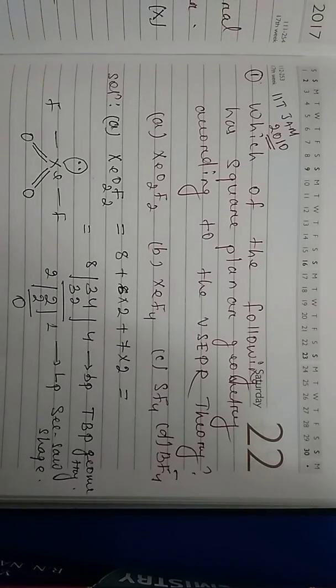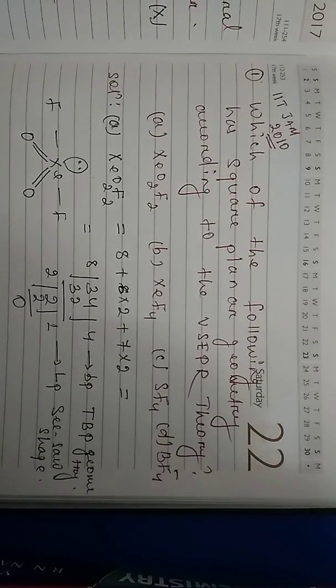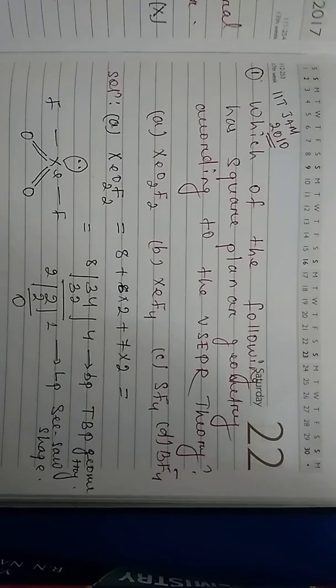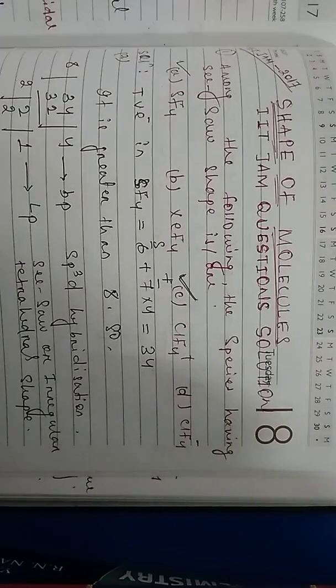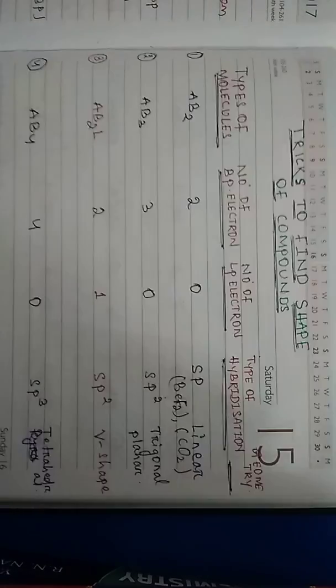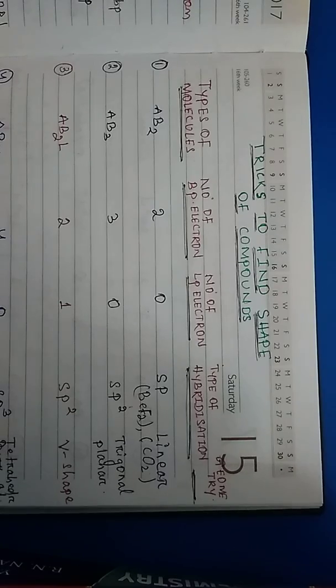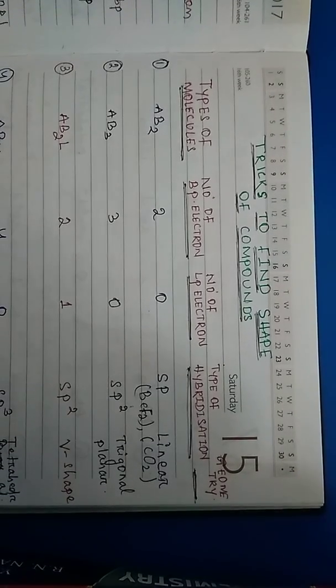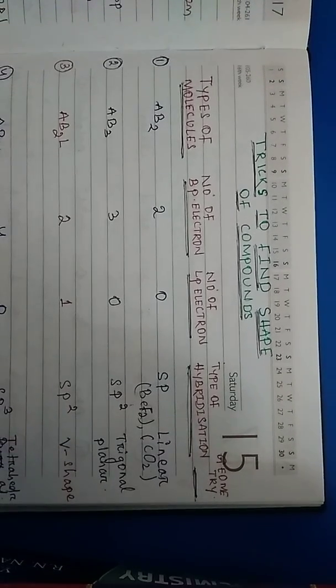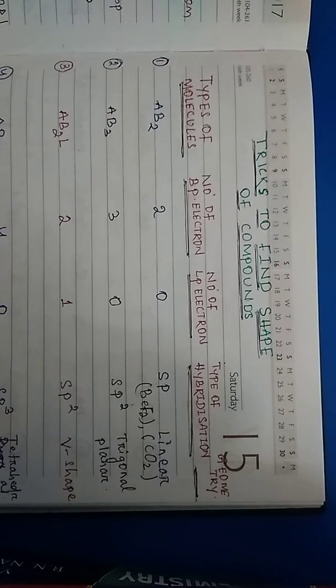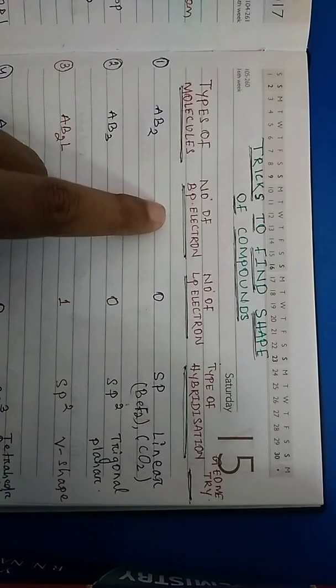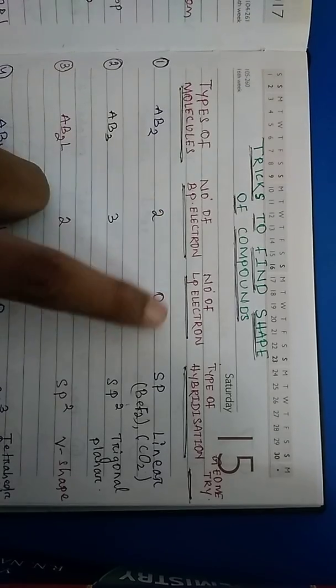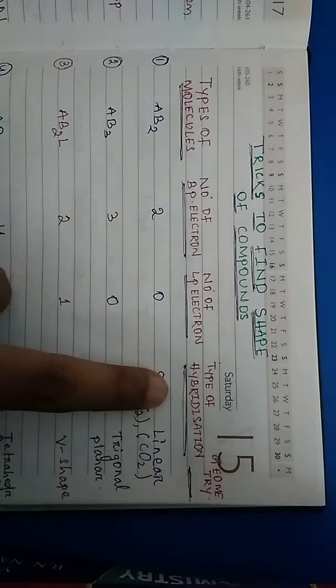According to our trick, which I shared in the previous video, I will repeat it. Here are the types of molecules, the number of bond pair electrons, the number of lone pair electrons, and the type of hybridization.